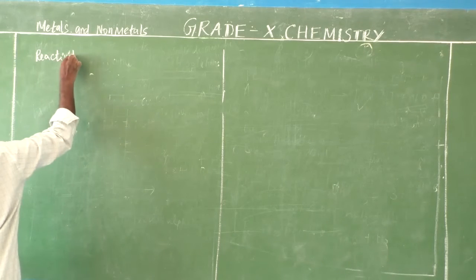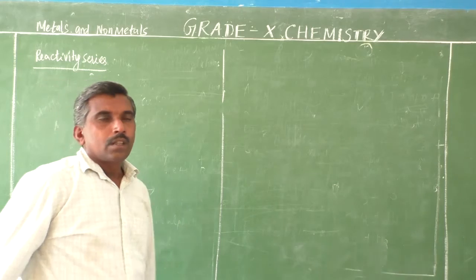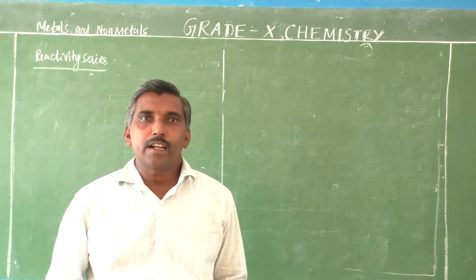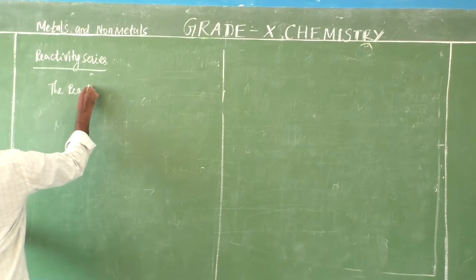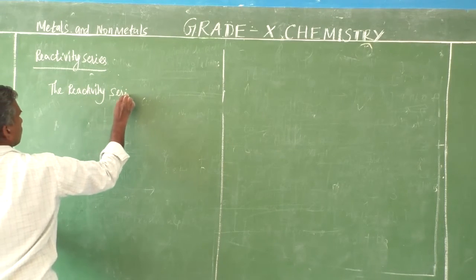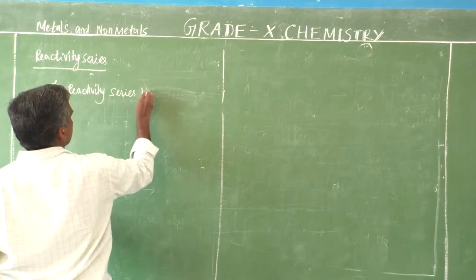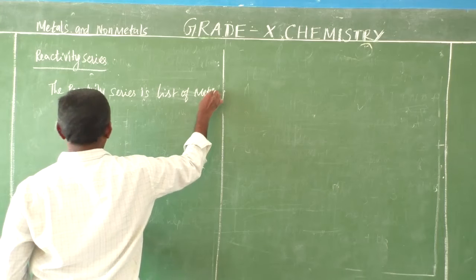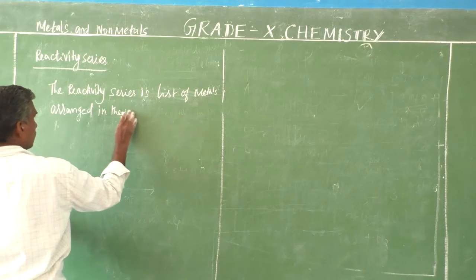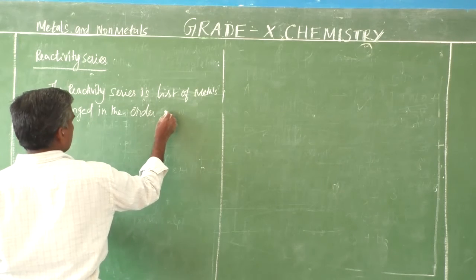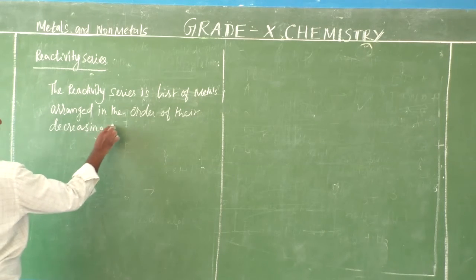Reactivity series. The reactivity series is a list of metals arranged in the order of decreasing activity.